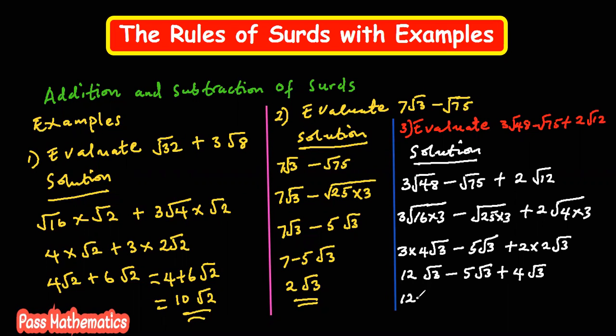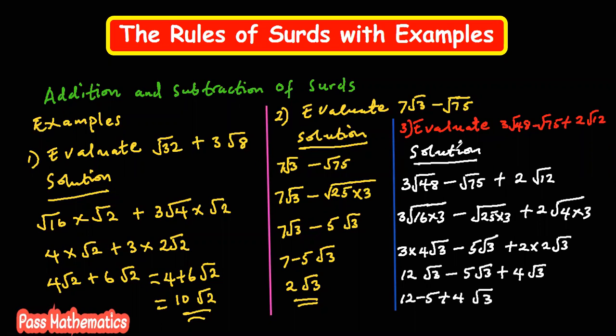So we have 12 minus 5 plus 4 root 3. And then our answer should be what? So 12 minus 5, what do we have for 12 minus 5? 7. Yes, is this what we have?